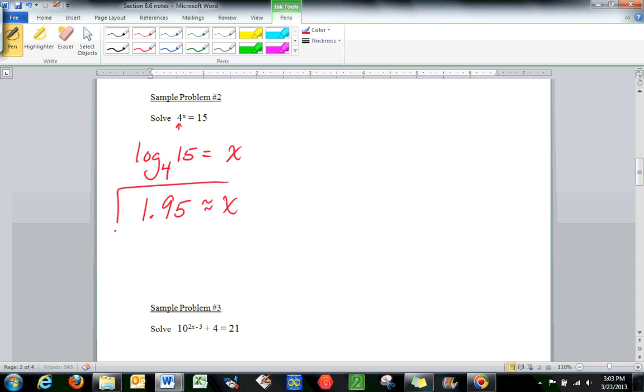We'll let you know how many decimal places to round to for the test if it's necessary. In this case, 1.95. If you rounded to the nearest tenth, you would probably have 2.0. But 1.95 is okay at this point in time. So that's a pretty straightforward one.